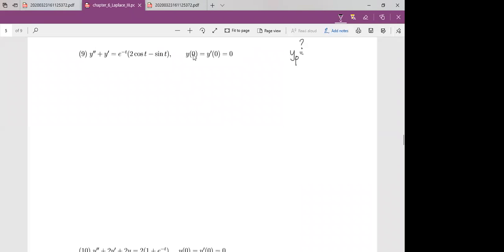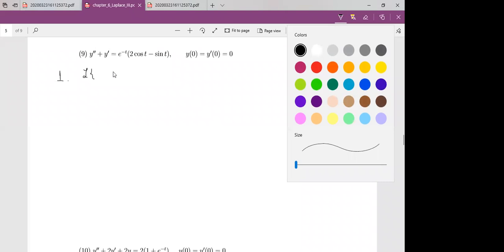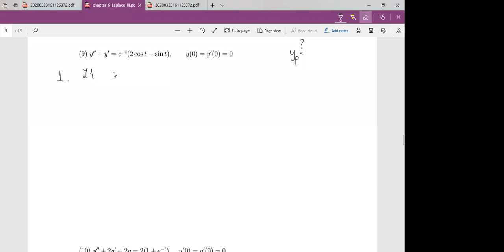So let's apply Laplace transform. Let me skip the obvious first step, I mean the first line. I think you already got used to the first line. So if you apply the Laplace transform, then you use this initial condition.